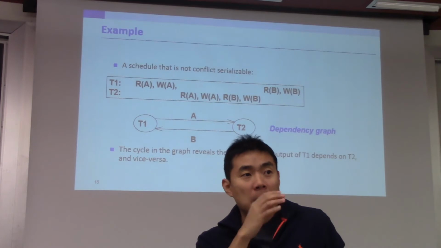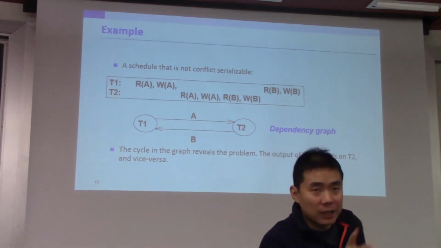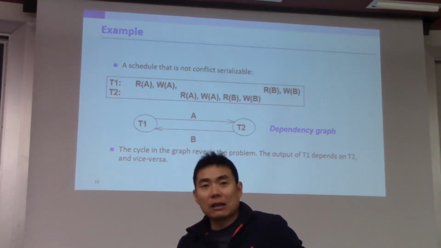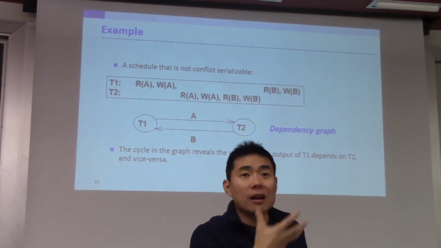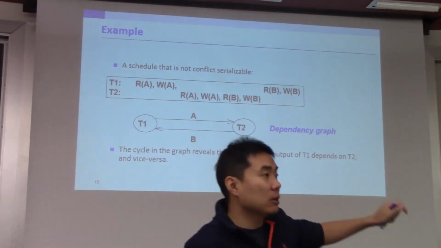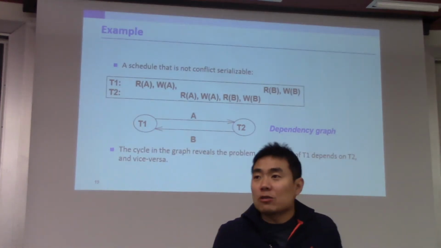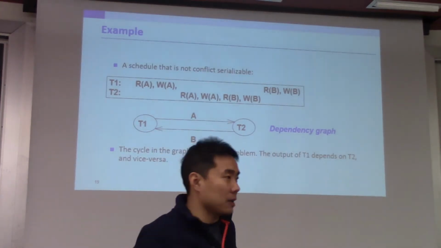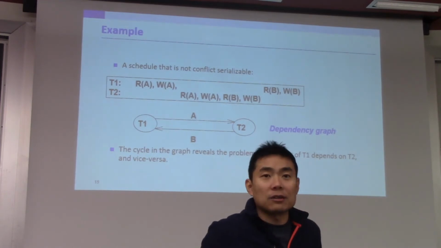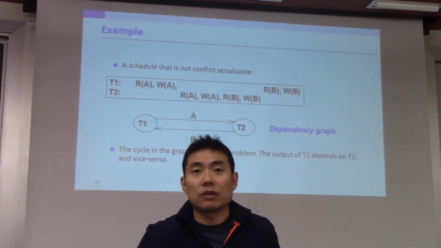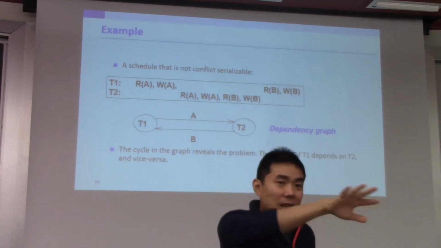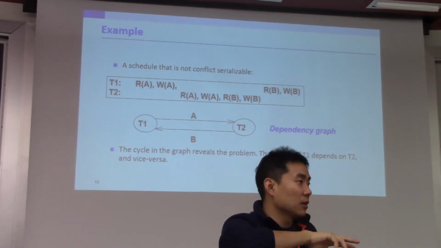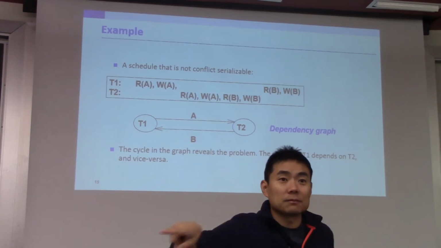Is that clear? This brings up another interesting challenge, less relevant to this course, but an interesting problem in practice. Given a large graph, in practice you may have many, many transactions. How do you quickly detect if there is a cycle in it at all? For example, suppose each of you is a node, and imagine I connect you if you are friends on Facebook.